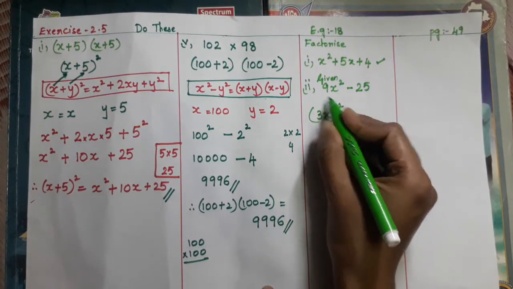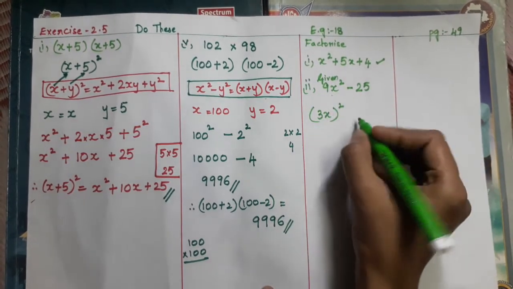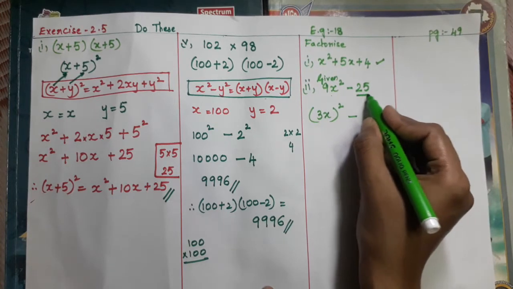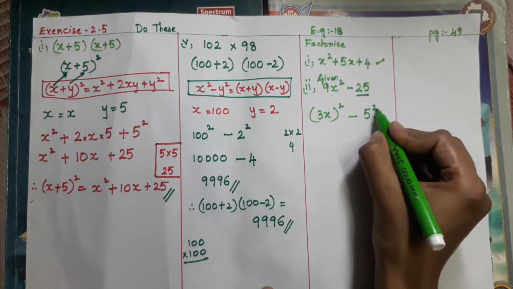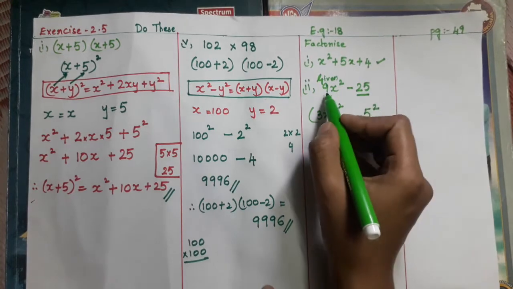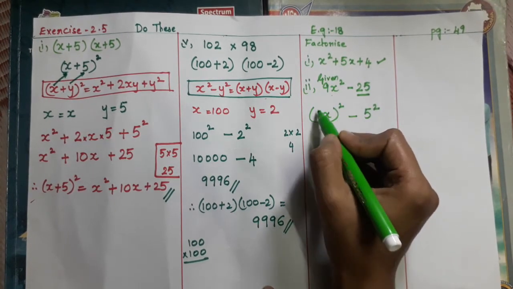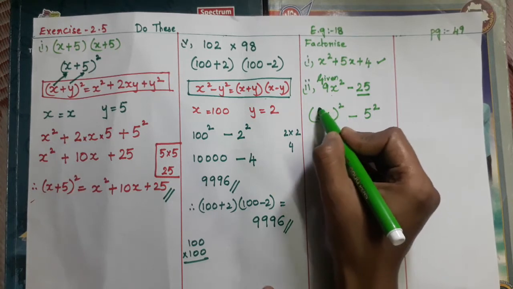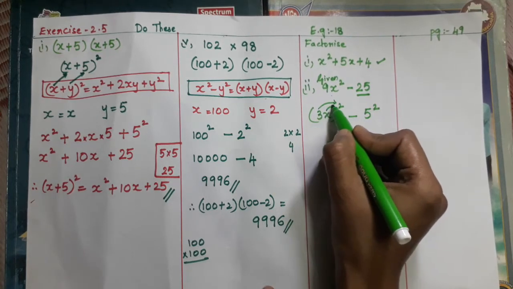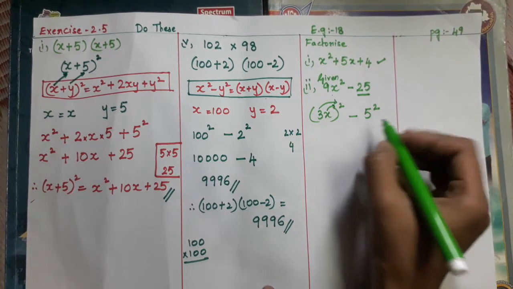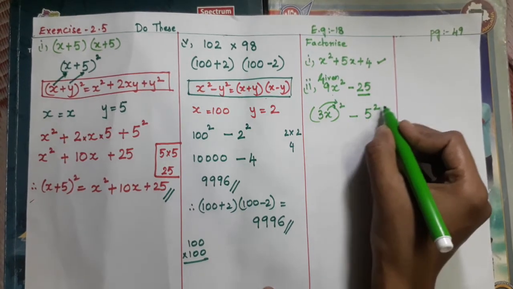See here, 3 3s is 9, x into x is x square. Minus, for 25 how can I write? 5 square. For 9 we can write 3, and x as it is, whole square. Whole square means for 3 also the square will belong, for x also the square will belong. Minus, for 25 I can write 5 square.